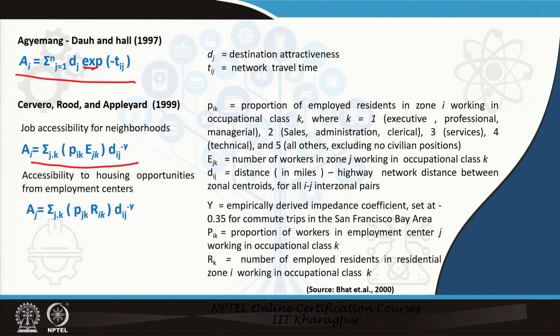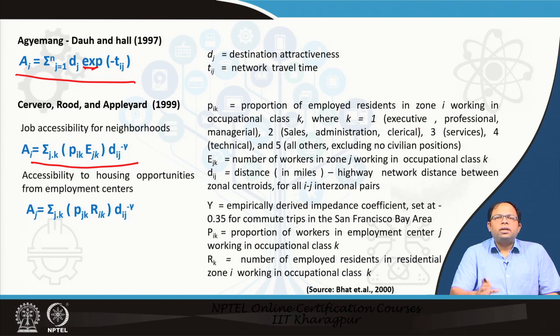So, we are now gradually breaking the entire residents into different employment groups, the people working in different kinds of employment, and then Ejk is the number of workers in zone j working in occupational class k. So, this is the opportunity for that particular kind of job. So, this is the proportion of employed residents for that particular job, and then Ej is the number of opportunities of that particular job, and Dij of course is the distance or the network distance between zonal centroids for ij interzonal pairs.